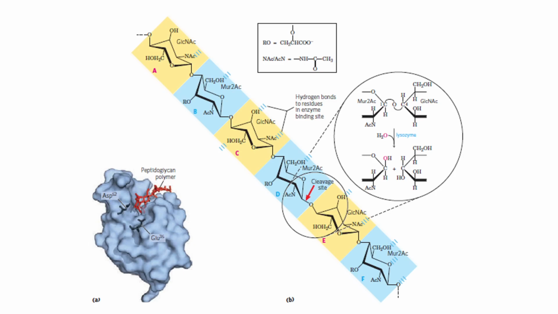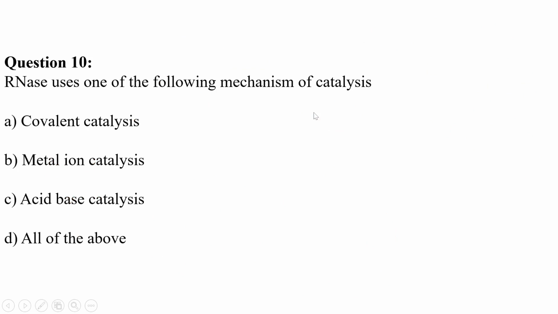N-acetyl glucosamine and N-acetyl muramic acid are the two residues in the peptidoglycan in an alternating manner. So this is a NAG molecule and this is a NAM molecule. It's a polymer, so it's a long chain of NAG, NAM, NAG, NAM, and so on.